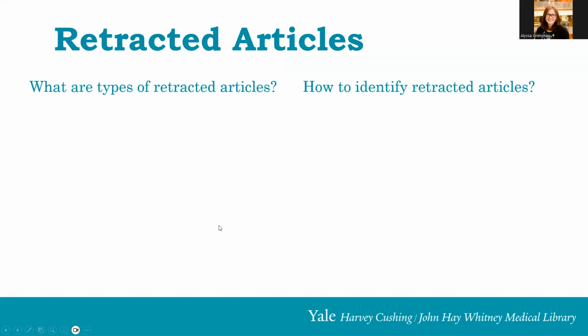Oops, let me go back one more. So retracted articles, there are many different types of retracted articles. So you may want to think about what types you would continue to include. If there was a data error in the manuscript and they fix it, is that unreliable?